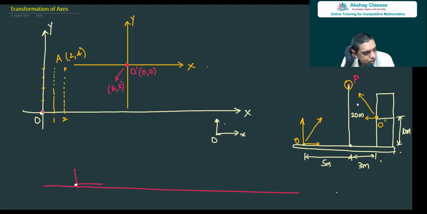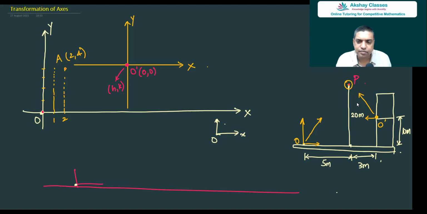So the question is how to relate the same point with respect to different origins. The same point P, what coordinates X and Y will it have with respect to the old reference axis, and what will it have with respect to the new reference axis?